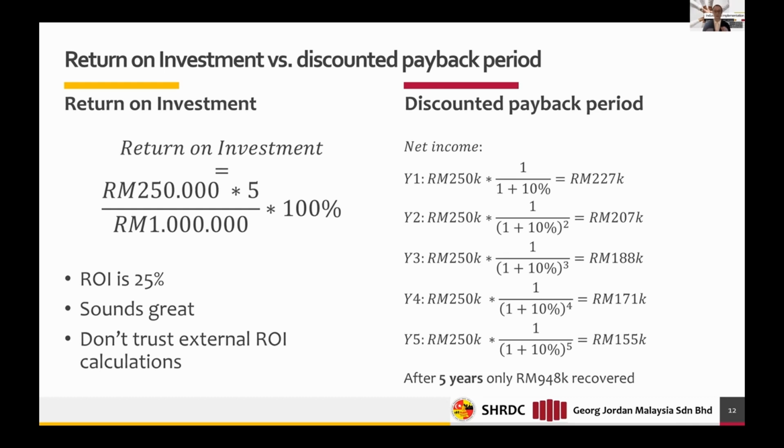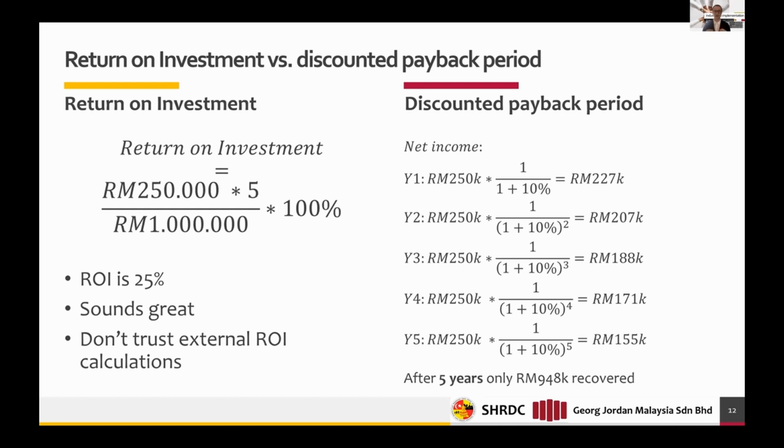That is proven by the discounted payback period. Our cost of capital is 10%. Our yearly net income, as the previous example, is also 250,000 ringgits, and the years we get it back is 5. So the left calculation and the right calculation, the numbers did not change.